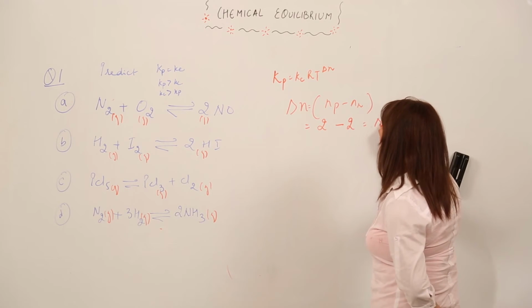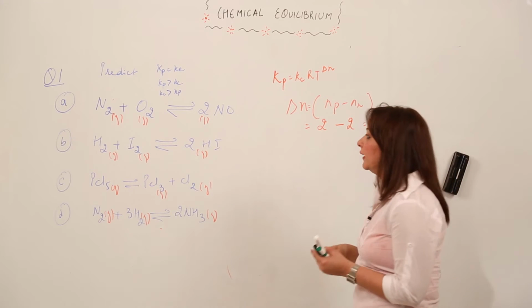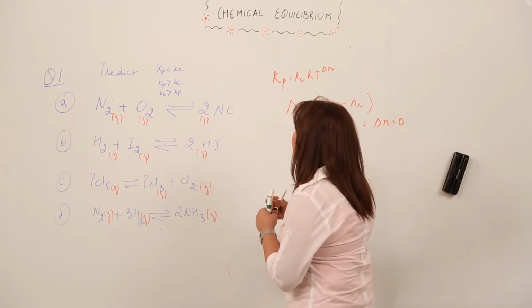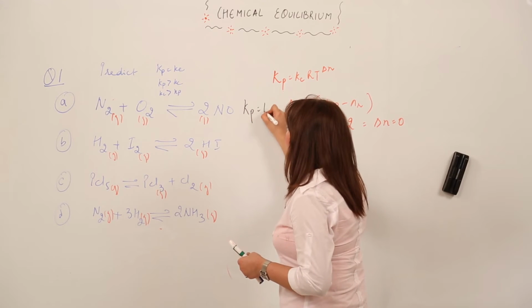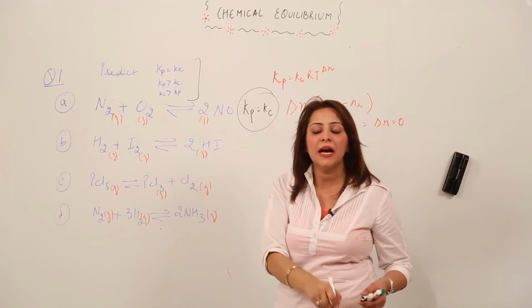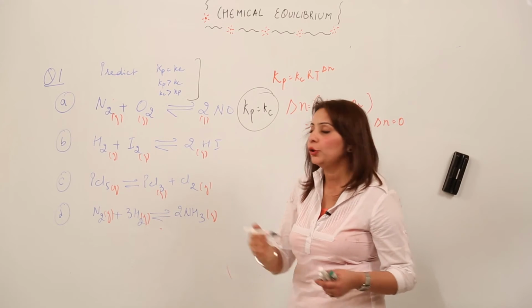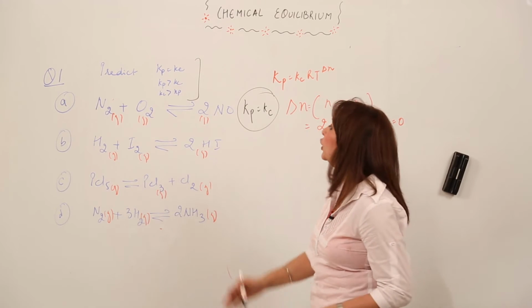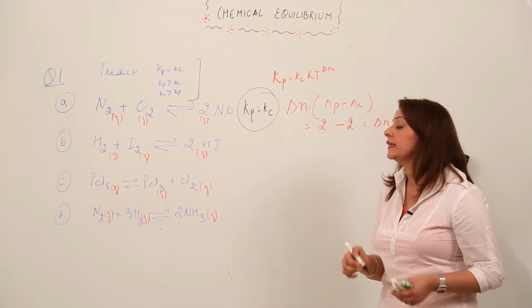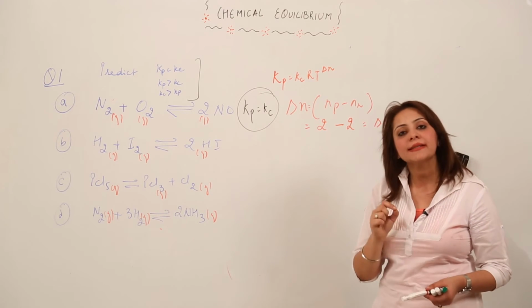That means Δn is going to be 0, and we know that when Δn is 0, under that condition Kp is equal to Kc. So this is the result. This is what they asked, that you have to identify. So in the first one Kp is equal to Kc, and you know why? Because the change in number of gaseous moles is 0, right?